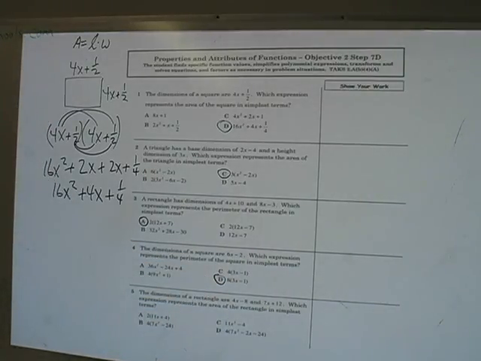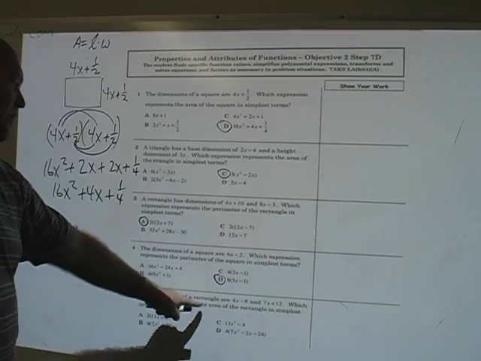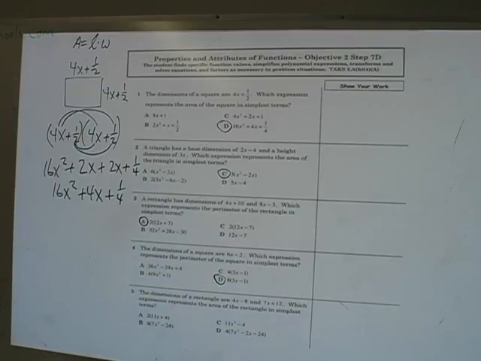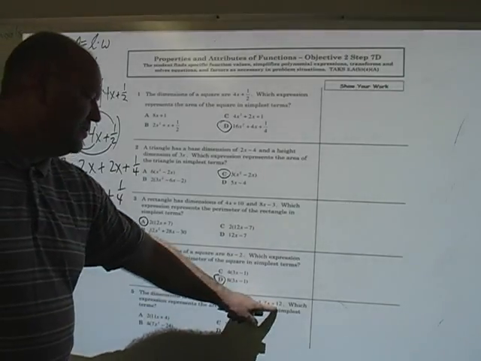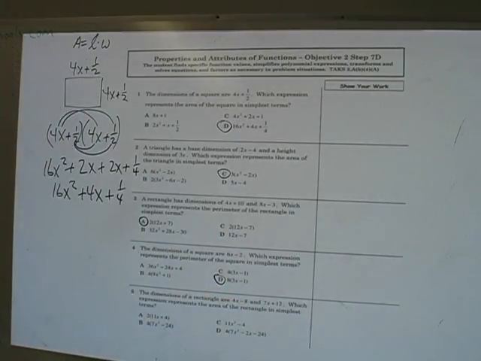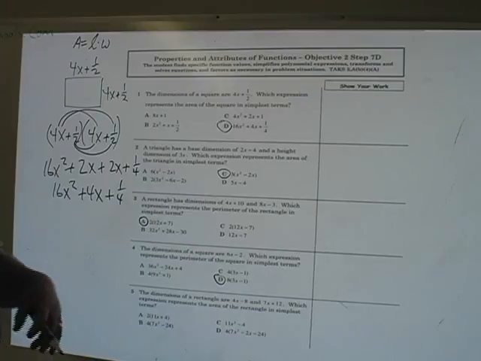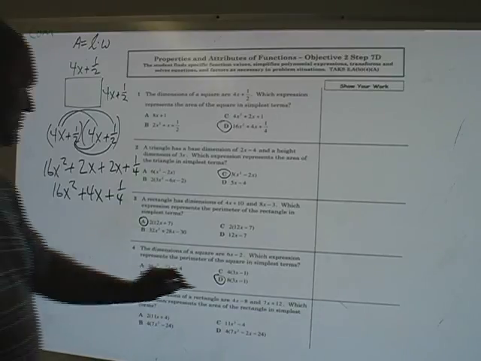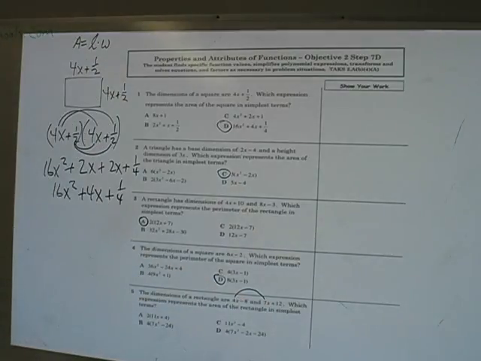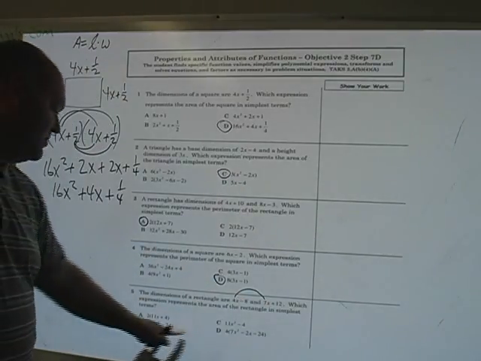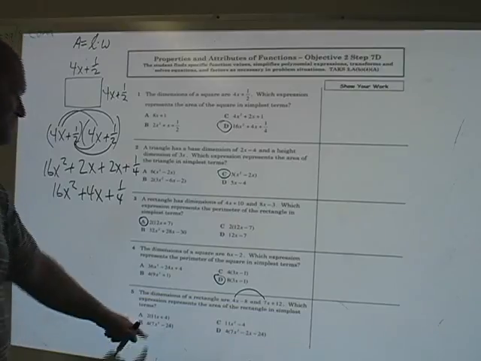Okay, number 5, you have a rectangle, and you need to find the area. So you're going to need to multiply these two binomials. When you multiply them, you're going to get something that starts out with 28x squared. 4x times 7x is 28x squared. And you can see that both of these are going to have that.